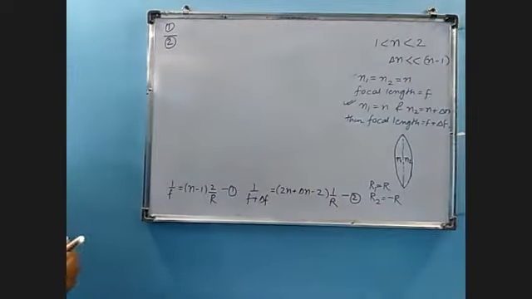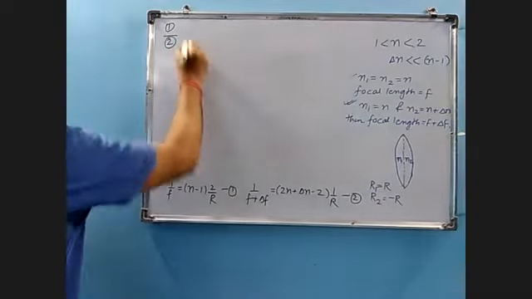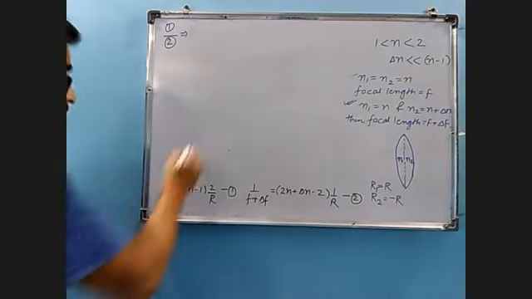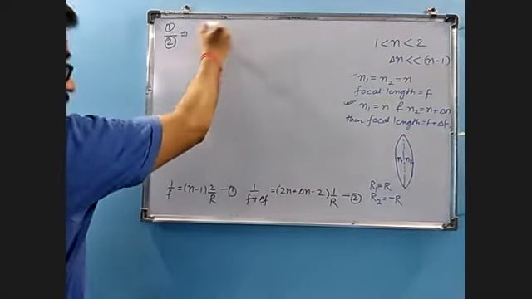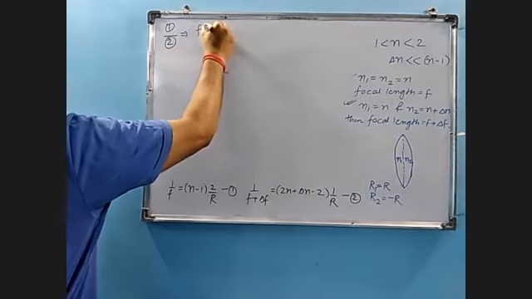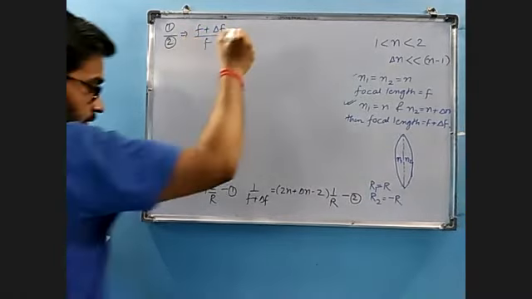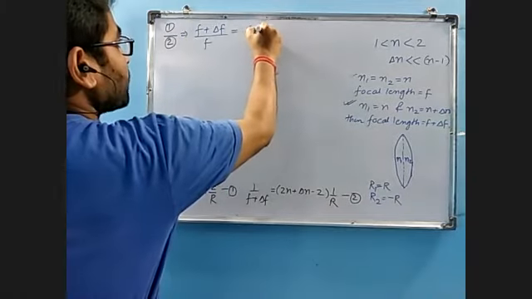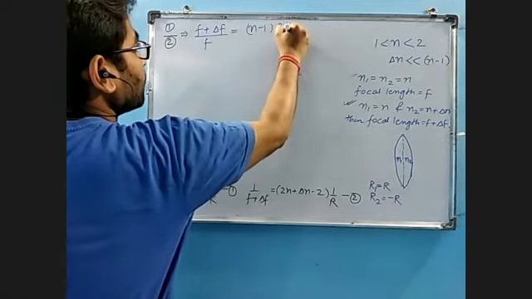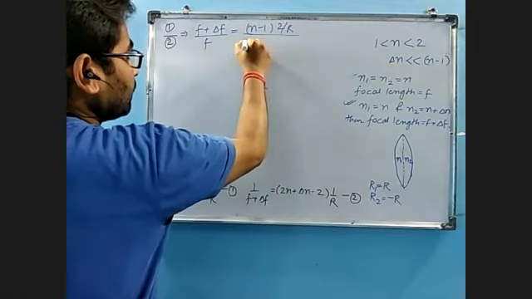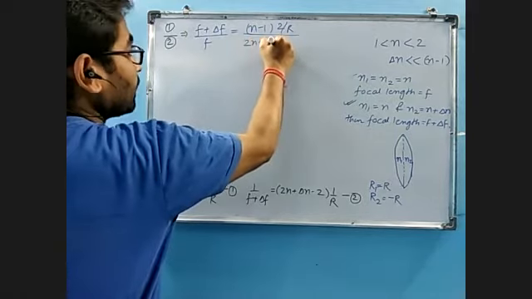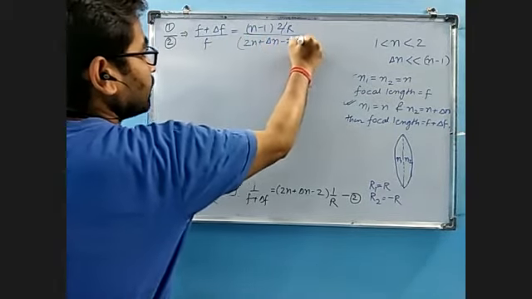So this was the second equation. Dividing the first equation by the second equation, this will give you f plus delta f by f, equal to n minus 1 into 2 by r, by 2n plus delta n minus 2 into 1 by r.